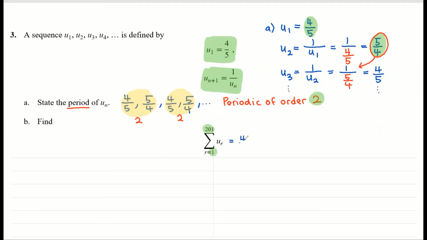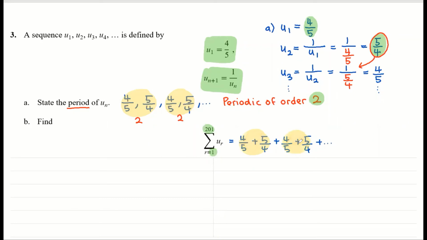So we know this is going to be 4/5 added to 5/4 added to 4 over 5, added to 5 over 4, and so on and so on. Now, remember this is in groups of 2. So there's going to be 100 of these pairs, isn't there? 100 of those pairs. But that would only give us 200 terms, okay?